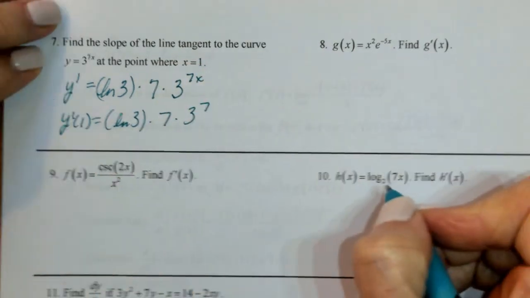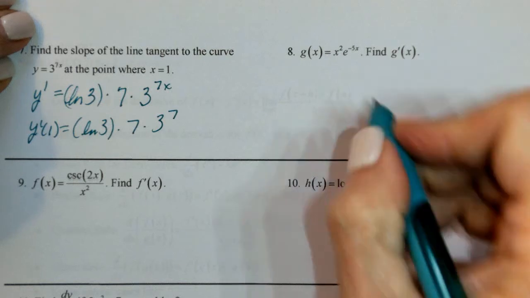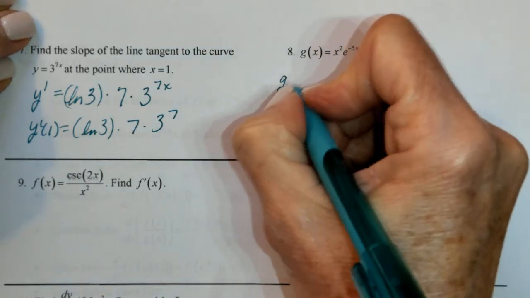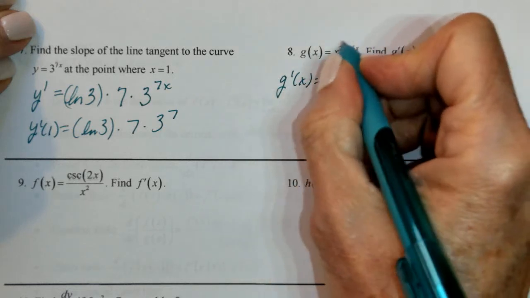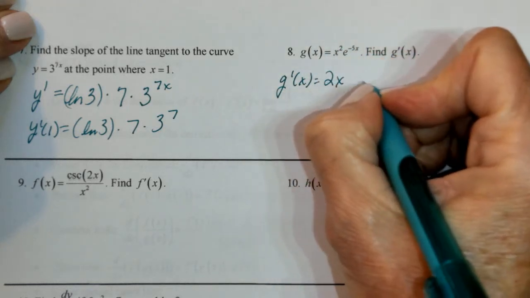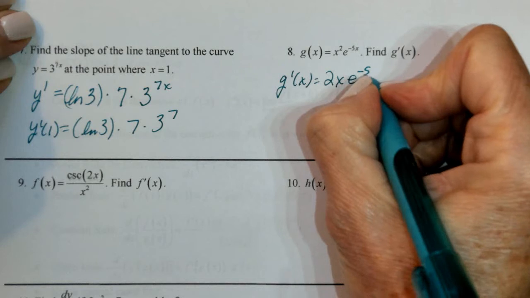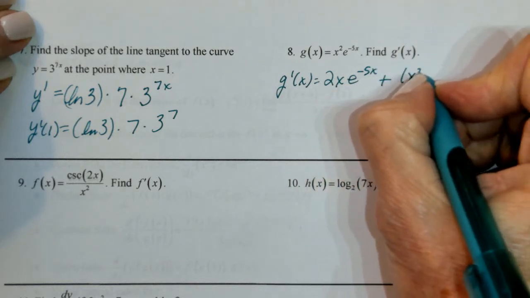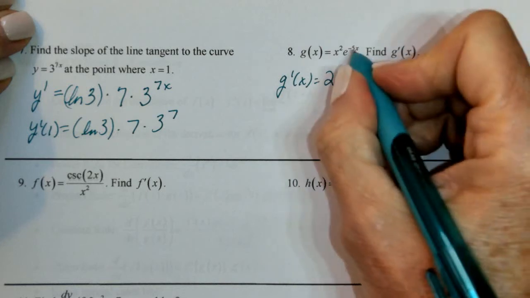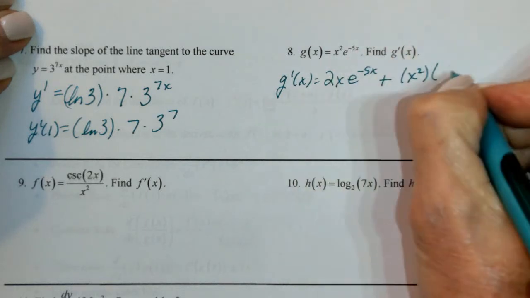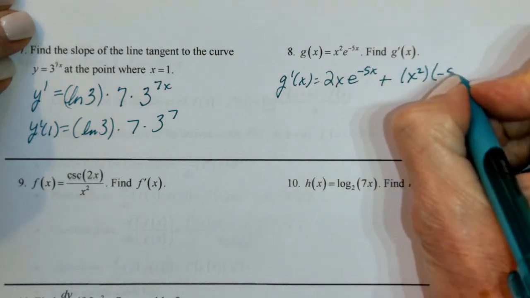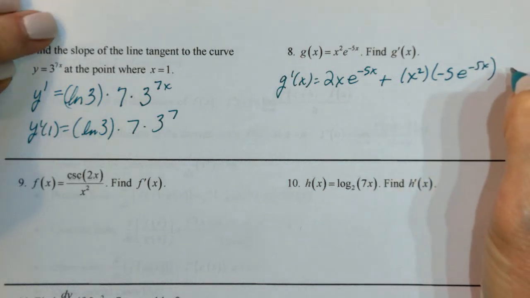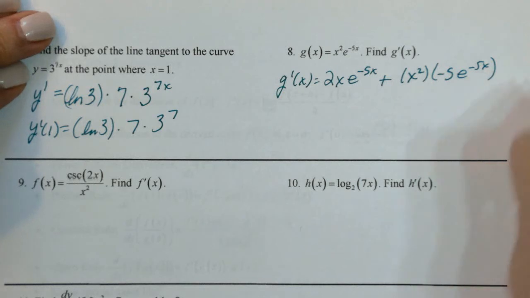Number 8. Here we need to apply the power rule. So the derivative of x squared is 2x. Leave the e to the negative 5x alone. Now we're going to leave the x squared alone and multiply by the derivative of e to the negative 5x, which is negative 5 e to the negative 5x, u prime e to the u.